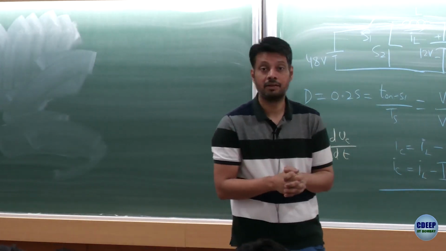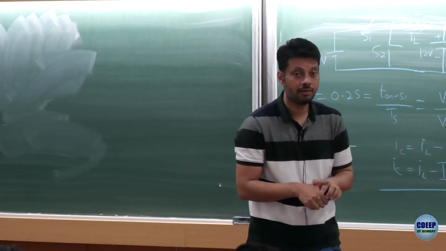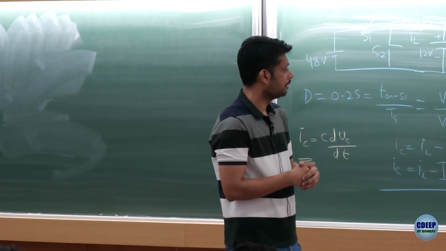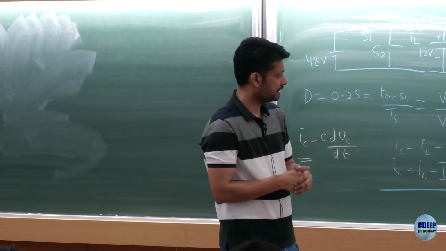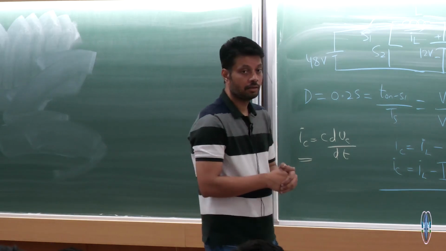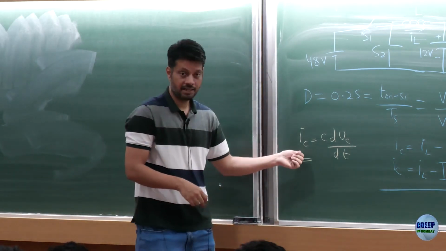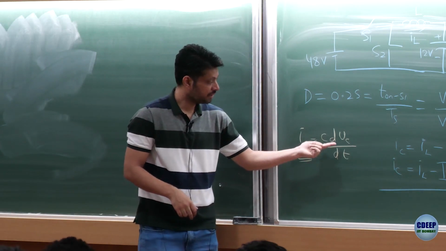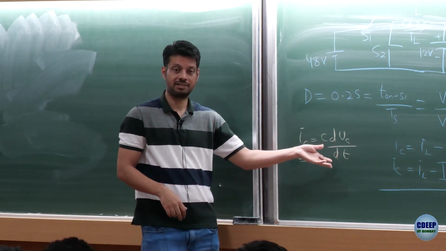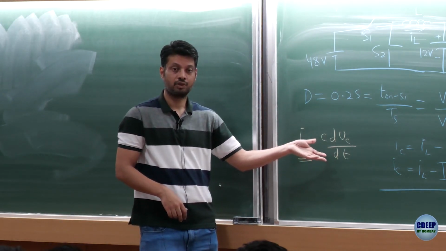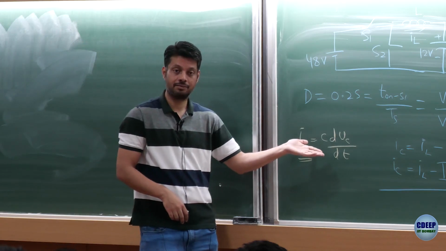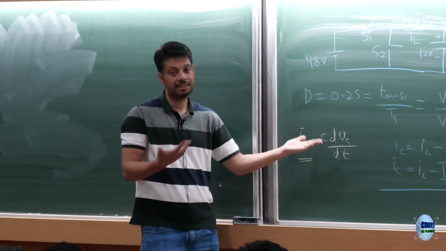Sorry? Is the integral of Ic correct? No, if the current is negative, the voltage will not be negative. The derivative of voltage is negative, so that means the slope of voltage is negative. The voltage itself need not be negative.